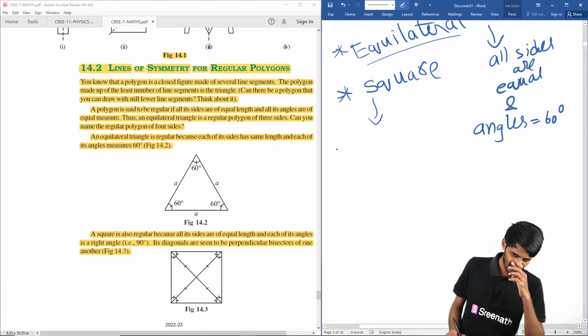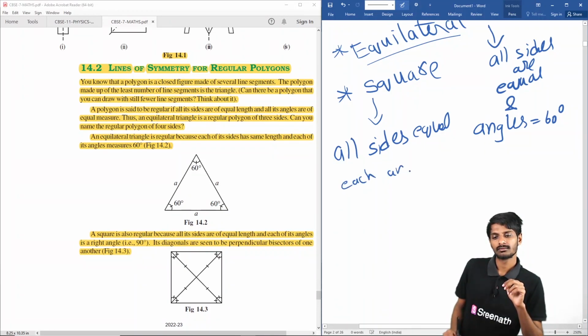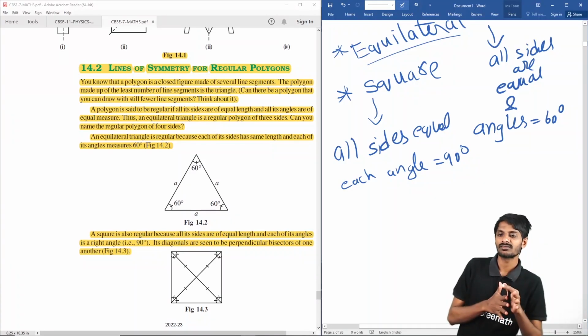Coming to the square, here also all sides are equal, and another thing is each angle is 90 degrees. So that's why it is a regular polygon.